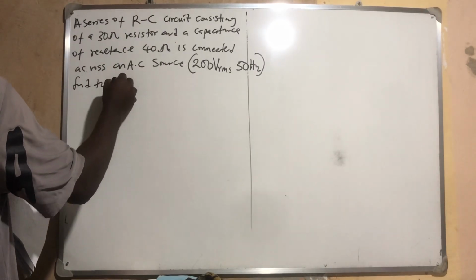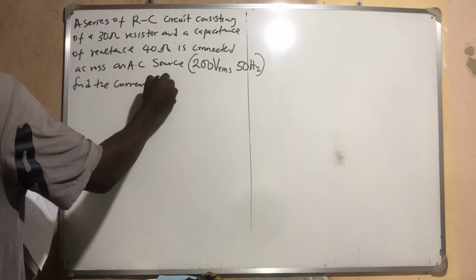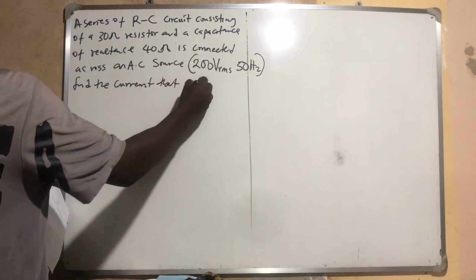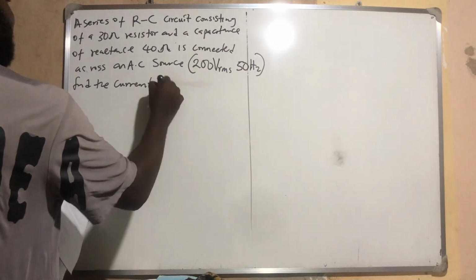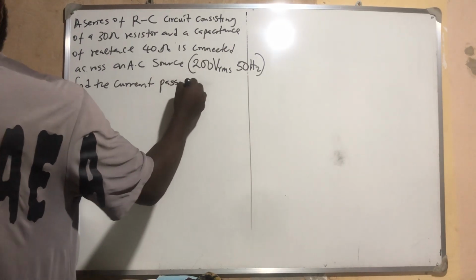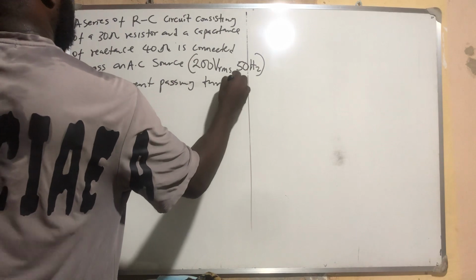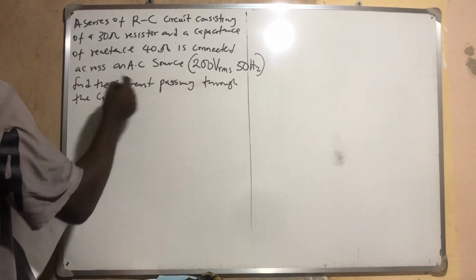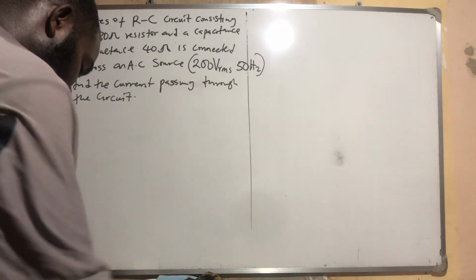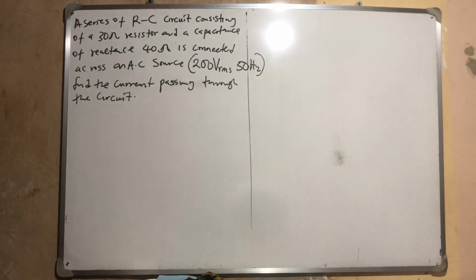Then they say, find the current passing through the circuit. Now this is a very simple question. First of all, we need to get what they gave us.